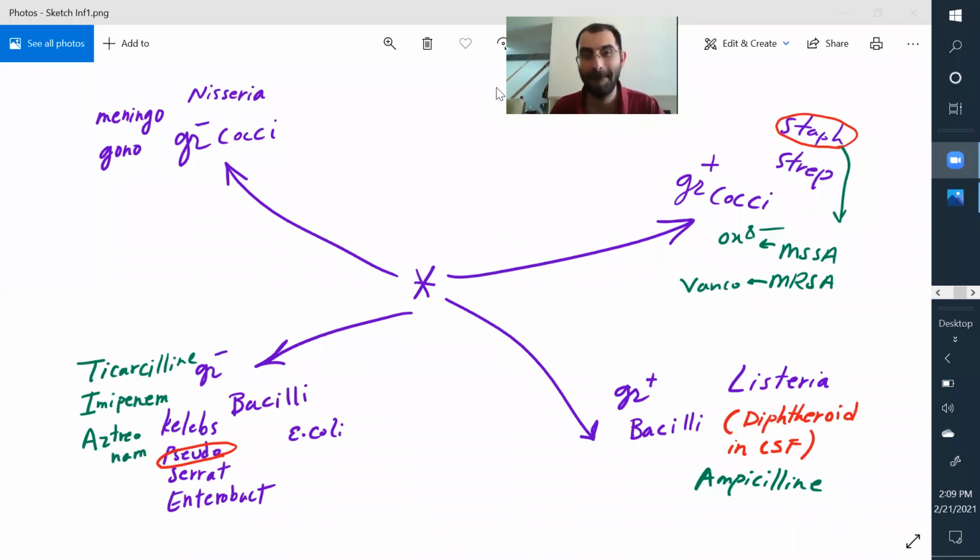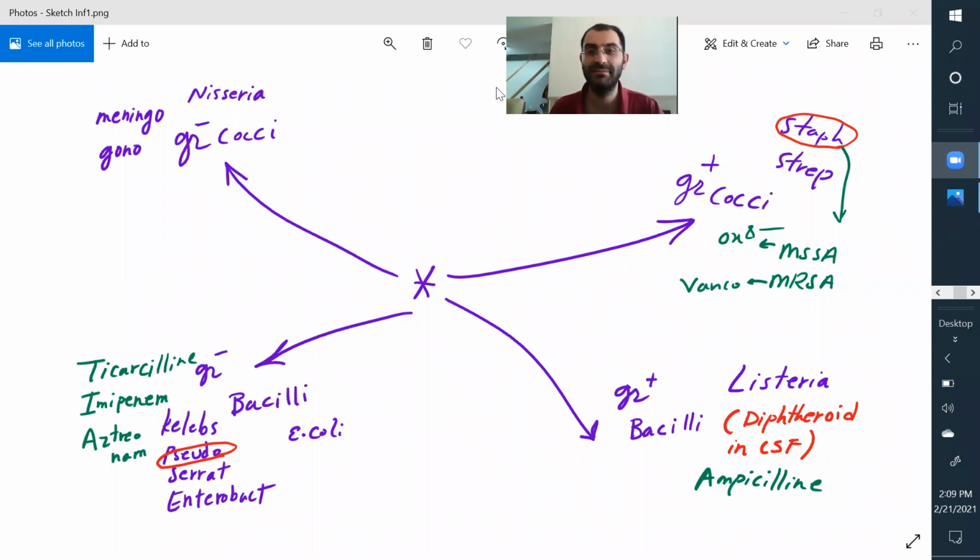Only imipenem? Aztreonam is not a monobactam? Ticarcillin is not a specific penicillin? Aztreonam is a monobactam that might have some cross-antigenic reaction with beta-lactams. I do agree. What about ticarcillin?